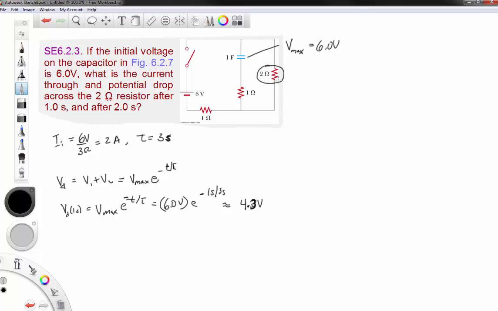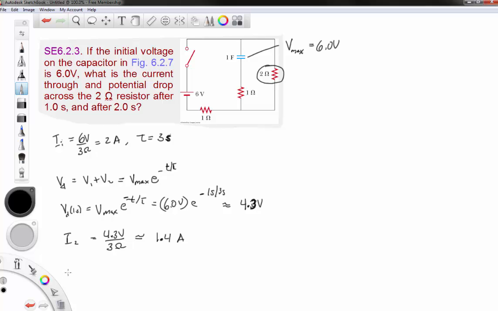So that's what the voltage drop across this pair must be. So if I want the current through the 2 ohm resistor, I use the total resistance and the total voltage. So 4.3 volts divided by 3 ohms gives me 1.43, or if we round off to 2 significant figures, 1.4 amps.